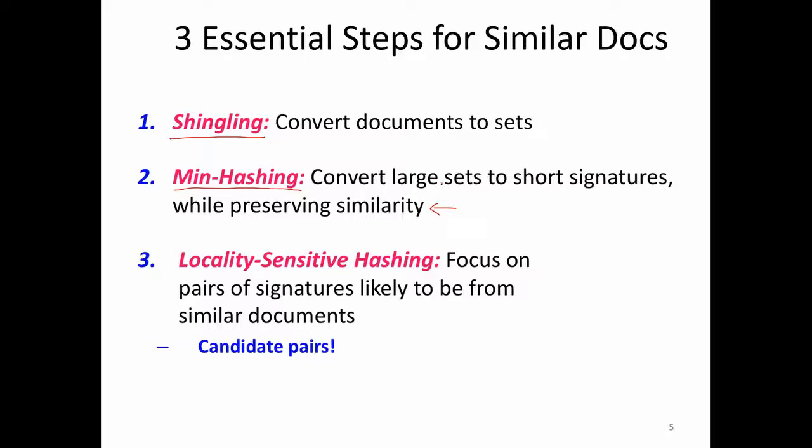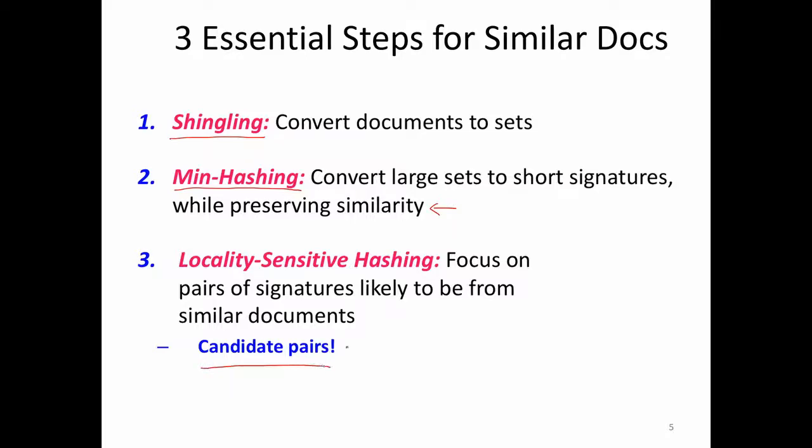Then finally we describe a technique called locality sensitive hashing, which gives us an easy way of focusing on pairs of signatures, a proxy for the pairs of documents, which are likely from similar documents. So these can be candidate pairs.